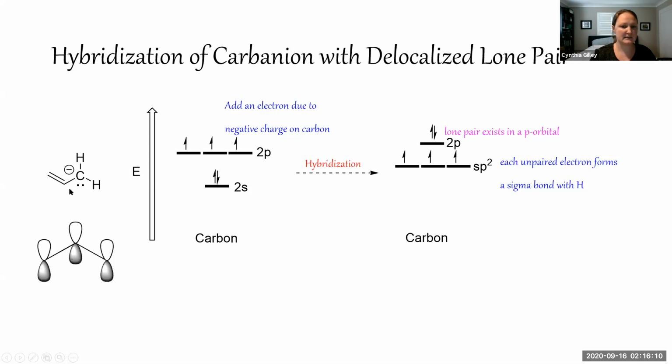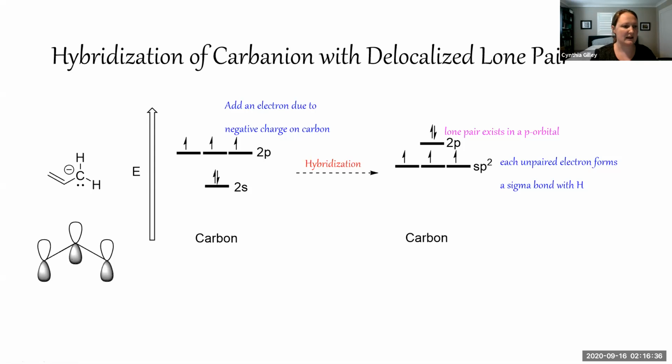So let's see how this plays out into what's the preferred orbital for this lone pair. Again, we're starting with carbon's atomic orbitals, 2s and 2p. Because the carbon is an anion, we've added that 5th electron. After hybridization, notice that we are only hybridized to sp2 and not sp3 like the last example.